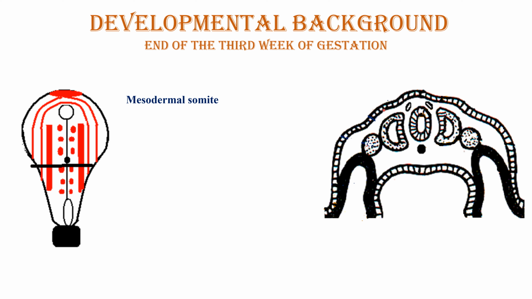Here are the three layers of the third week embryo or disc: the ectoderm, the endoderm, and in between, the intra-embryonic mesoderm parts, which is divided into a paraxial mesoderm, a column which is divided into mesodermal somites. That is the mesodermal somites here, and on each side of that is the neural tube and the neural crest, which develops from the ectoderm.